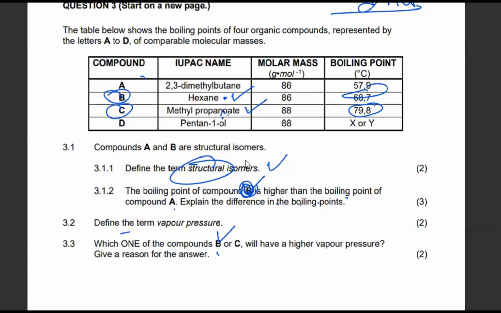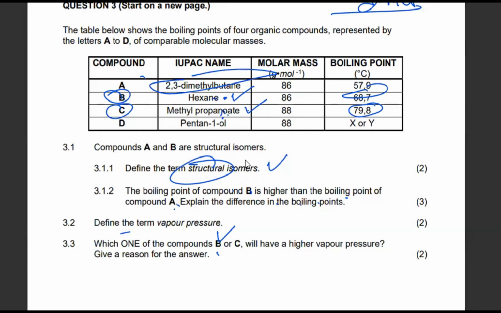Yes, sorry guys, someone is saying that I skipped a question. The boiling point of B and A. This one is 57. Why is this one 57? Because it is branched, while this one is straight.